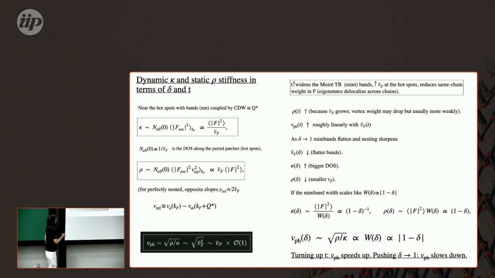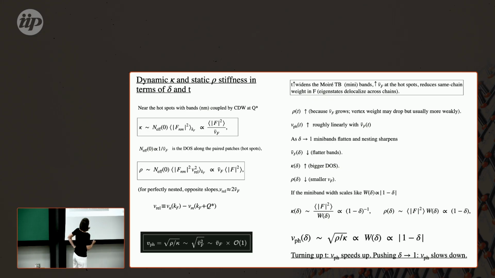So what actually happens? There are two energy scales essentially. It's T, the interlayer coupling, and it's delta, which gives the moire type of potential. So T, the interlayer coupling, widens the moire tight-binding mini bands, increases the Fermi velocity at the hotspot, and reduces the same-chain weight in F. So essentially, the states stay delocalized across the chain.